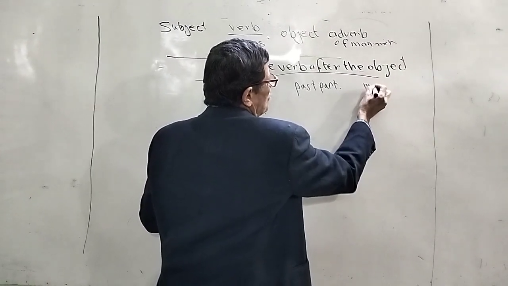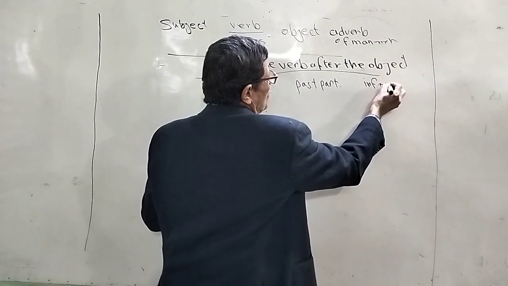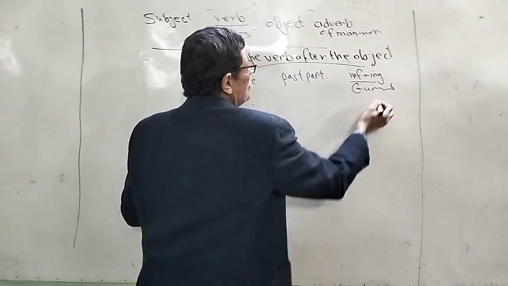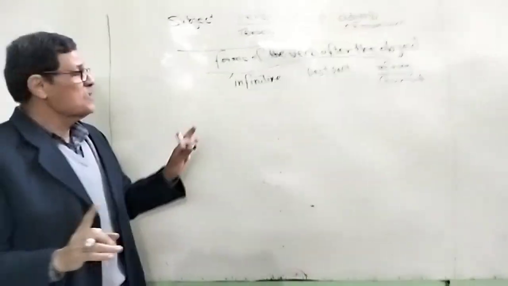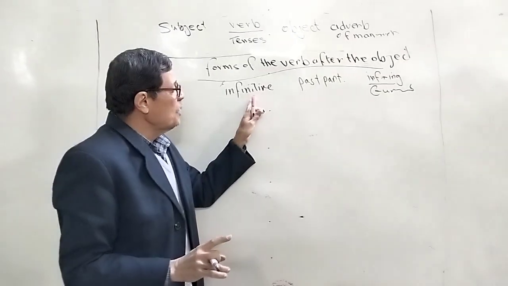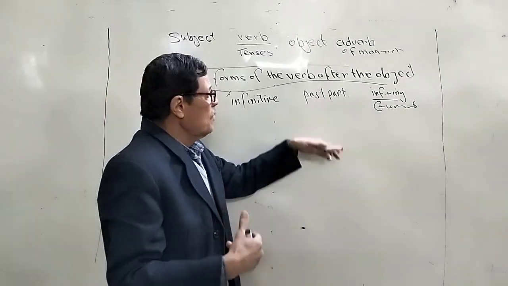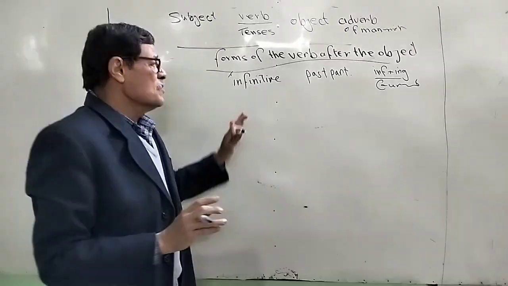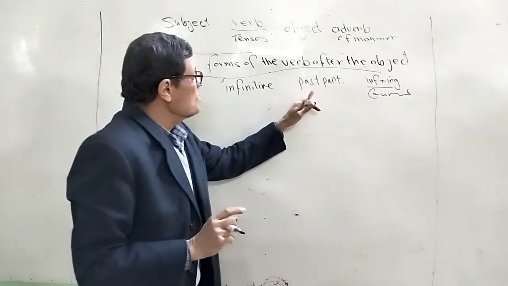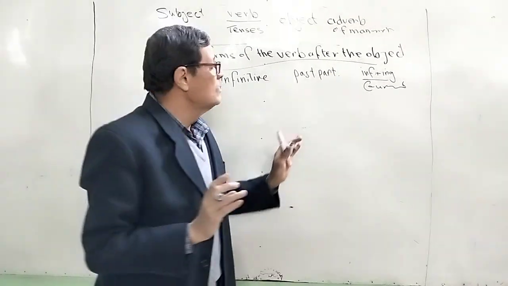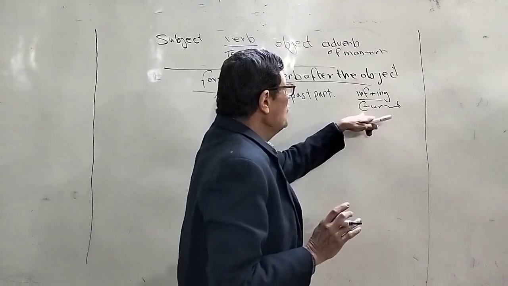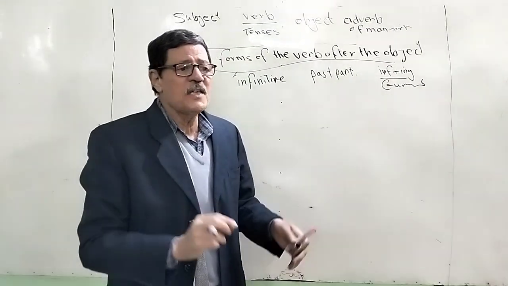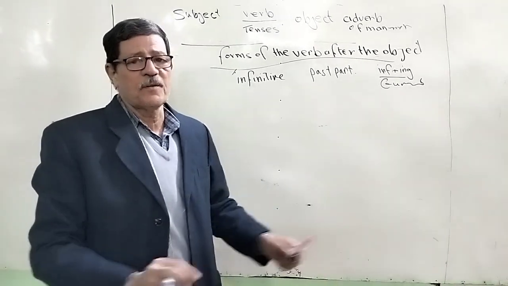Infinitive plus ing, what we call gerund. Okay, so there are three forms for the verb after the object. Infinitive isn't a tense. Past participle isn't a tense. Infinitive plus ing, what we call gerund, isn't a tense. So these are forms of the verb.